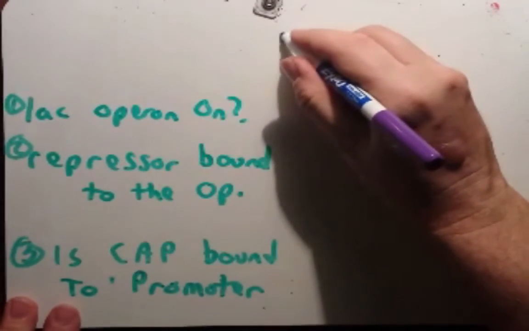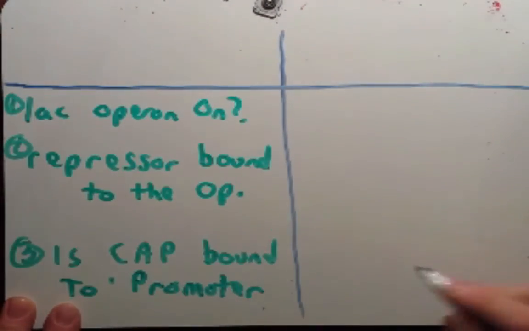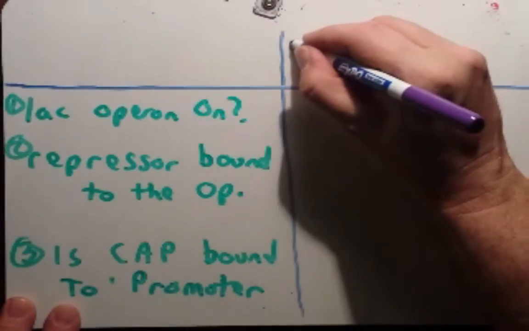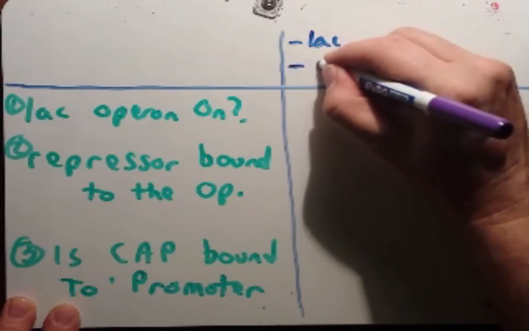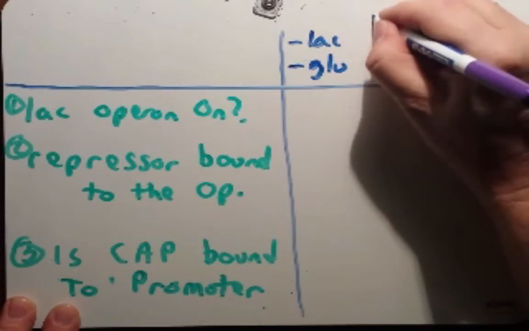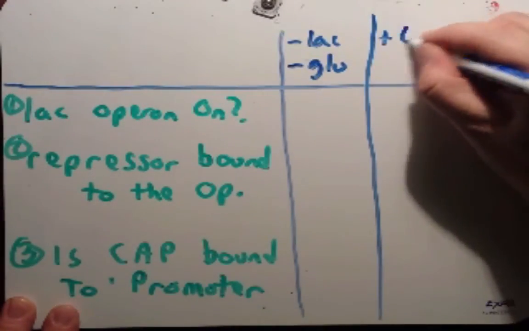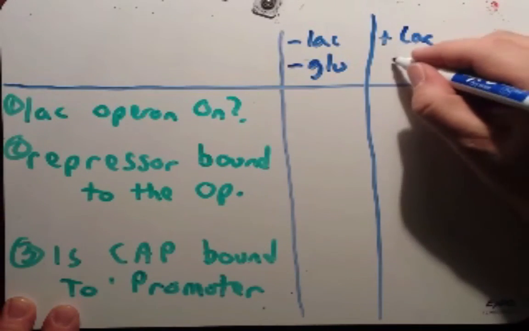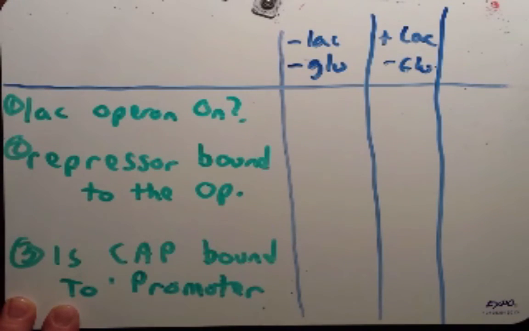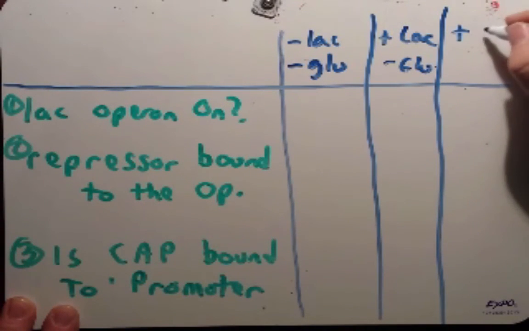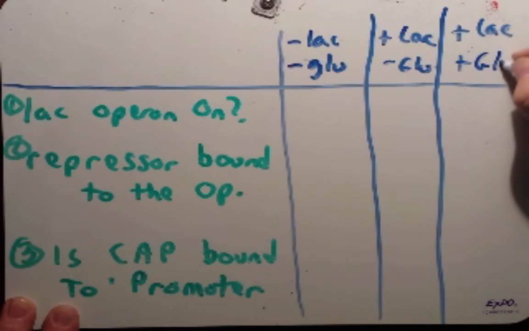Okay, so I'm going to ask these three questions based upon these three conditions: minus lactose, minus glucose; then plus lactose, minus glucose; and the third condition, plus lactose, plus glucose.